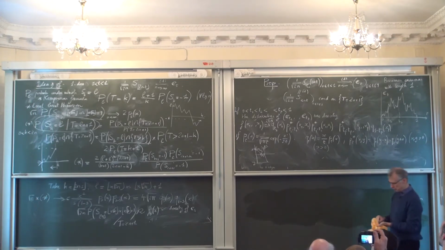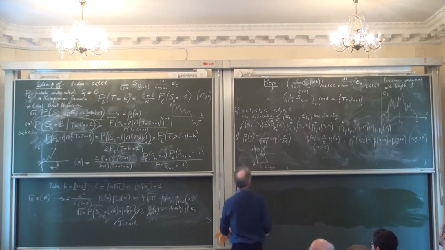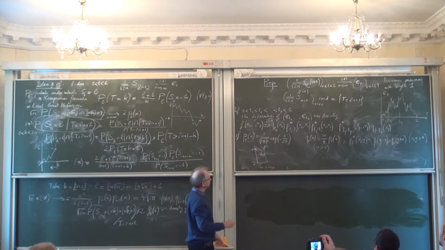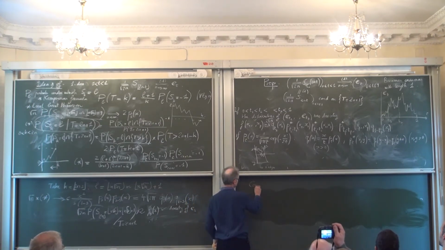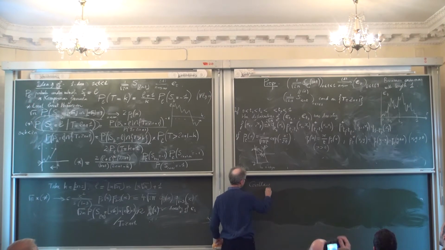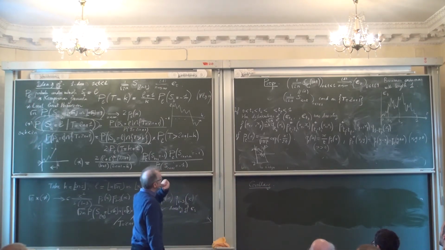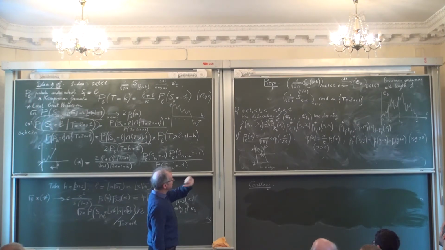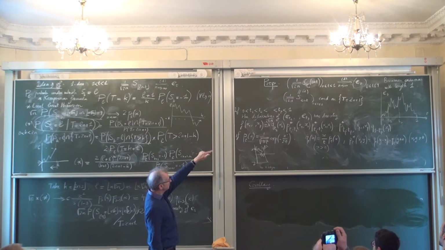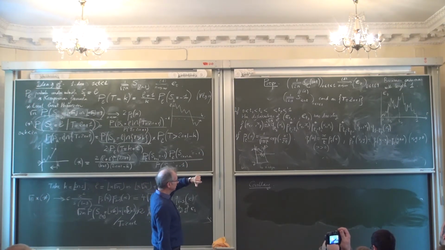Maybe just to show you something interesting that you can derive from this convergence. Well, you can look at the maximal value of the processes. And what is the maximal value of the contour function? If you remember its definition, it's very easy to see that it is the maximal height in your tree.